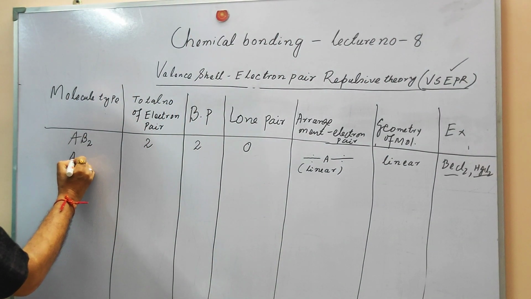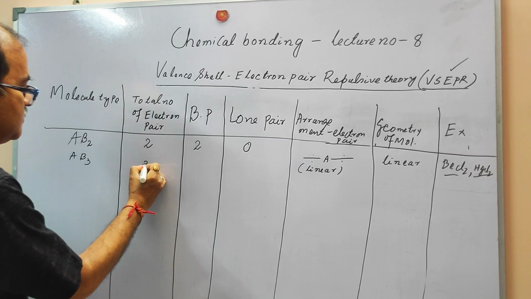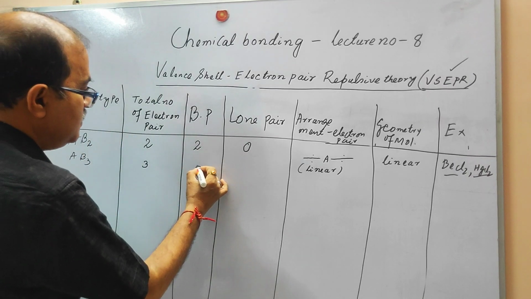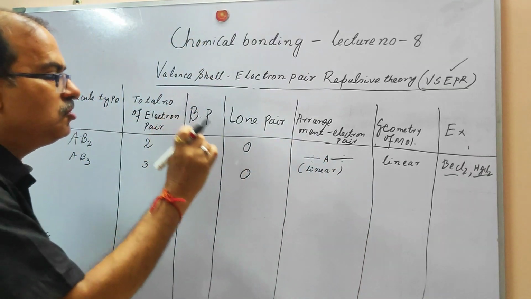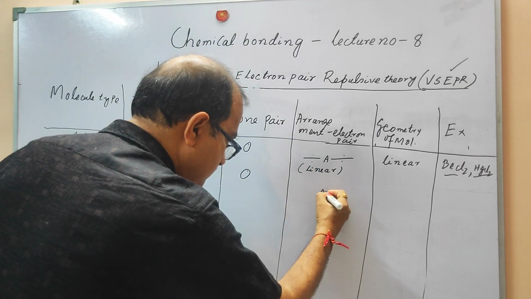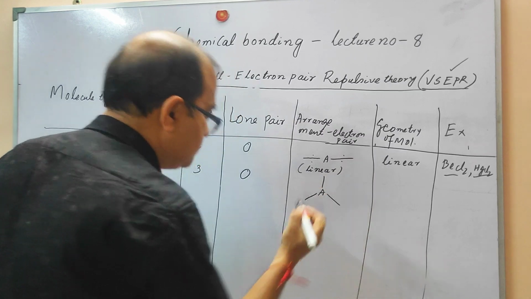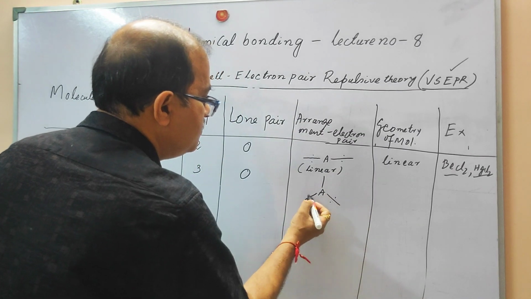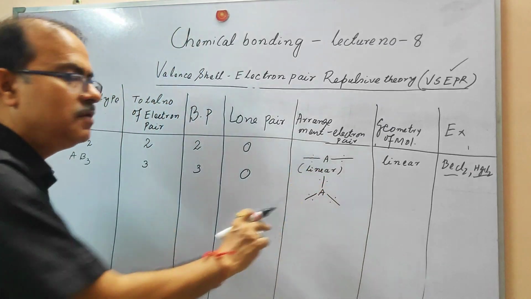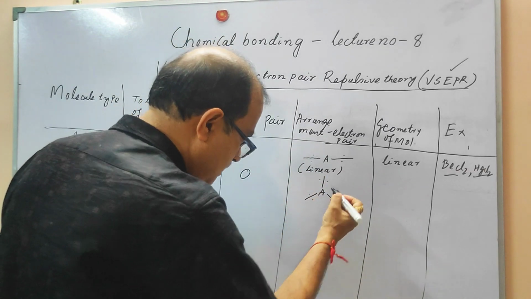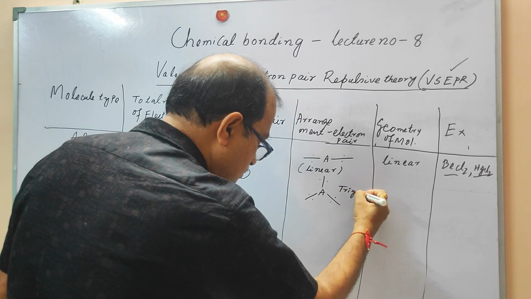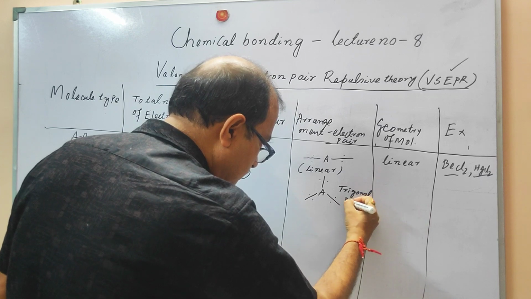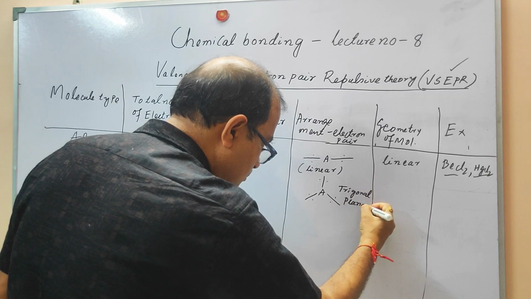Now the molecule type we are taking is AB3. Here the number of electron pairs is 3. Bond pair is 3 and lone pair is 0. At that time, what will be the arrangement of the electron pairs? The electron pairs will be arranged in a trigonal planar structure, and there will be 120 degree angles between the bonds.